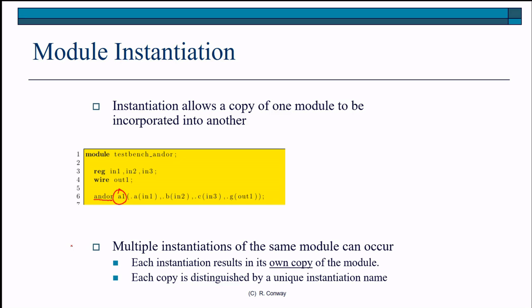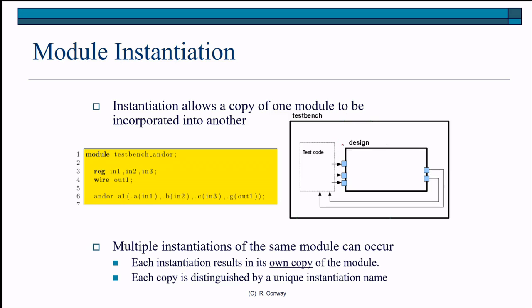Multiple instantiations typically occur inside design modules. And just to be clear, the purpose of the instantiation is to incorporate our design into the test bench, and that we do with this line of code here. When you incorporate the design, we make connections to the respective ports as part of that instantiation process.